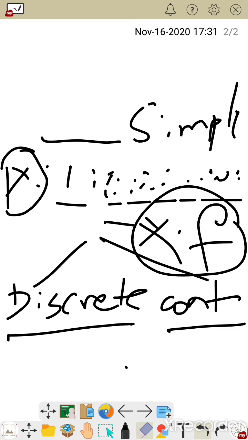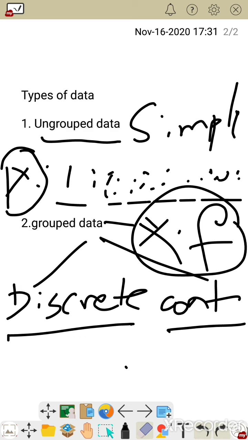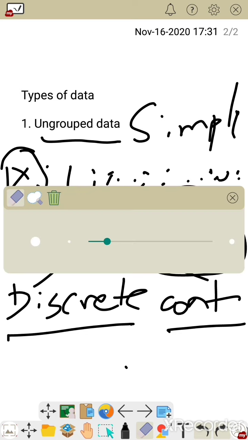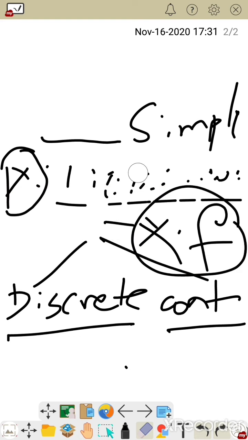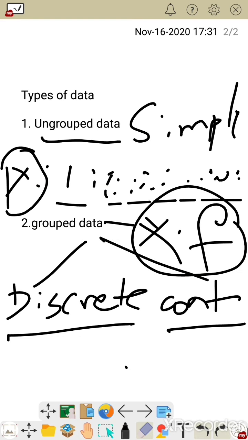Ungrouped data involves only x, while grouped data involves x as well as f. First of all, we will understand the method to calculate mean for ungrouped data.